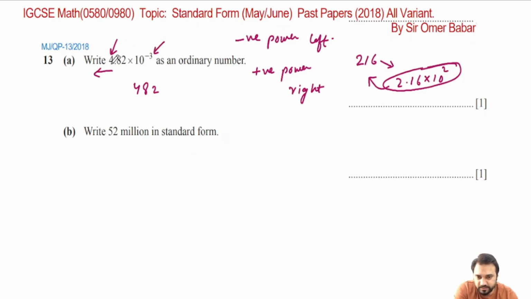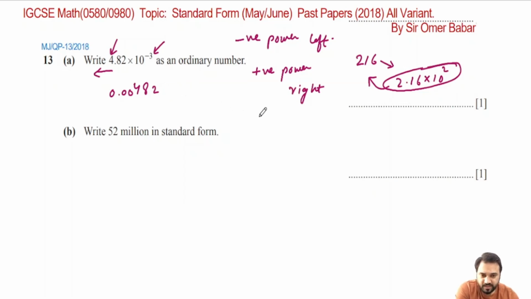One digit is here 4 and the other is 0. This is the second digit and the third digit would be 0 again. So here, this is our ordinary notation of this standard form. You can write down 0 as well. 0.00482 is our ordinary notation.